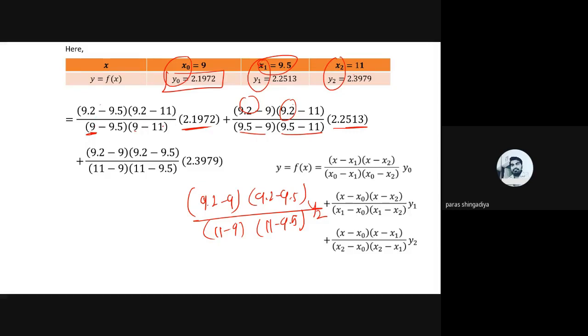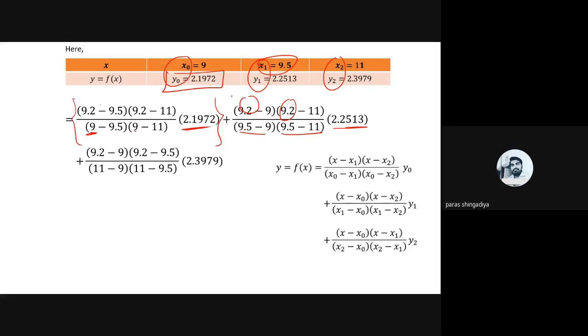Okay, there are two brackets in the numerator, two brackets in the denominator, then multiply 2.1972. So first find the answer of the first term, then the second term, and then the third term. You can directly solve it in the calculator. Just use the brackets properly in a scientific calculator, and you can find the direct answer of the first term, then the second term and the third term.